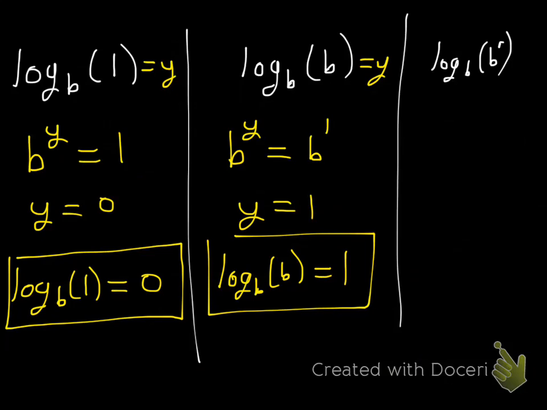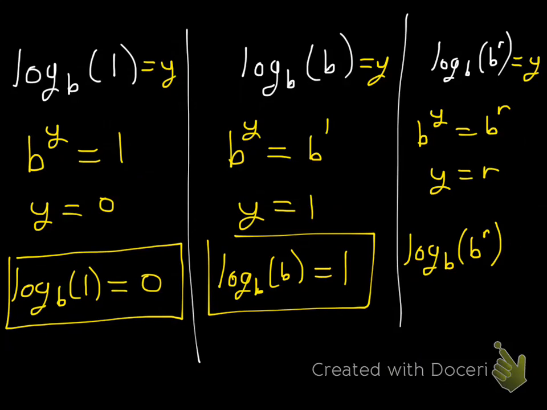And finally, if I have log base b of b to the r, so it's b to the y equals the argument inside, b to the r. Exponentials are 1 to 1, so the exponents are equal. y equals r. So log base b of b to the r is equal to r.